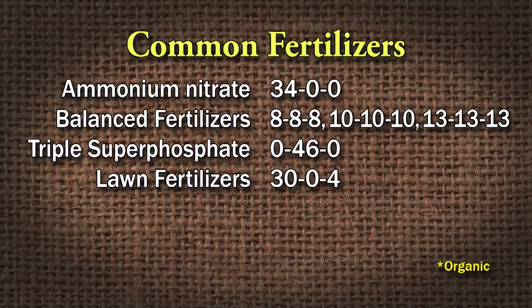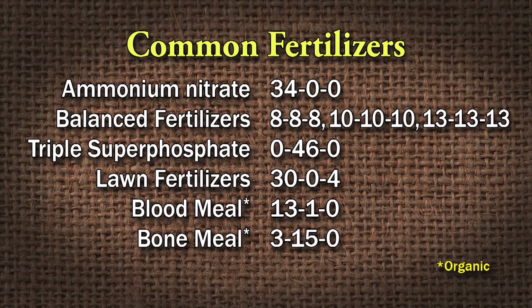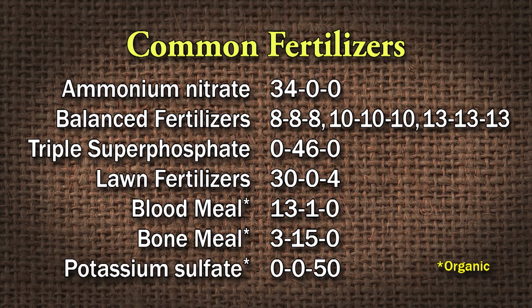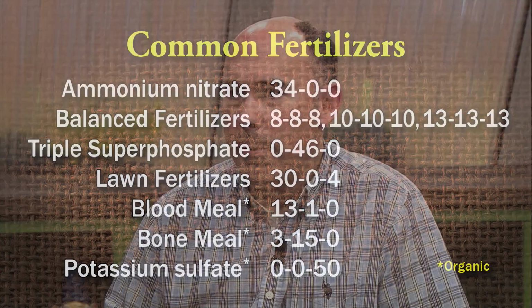But your typical lawn fertilizer is about 30-0-4-ish, and depending on which one you get, it could be different. You also have some organic fertilizers. Blood meal is 13-1-0. Bone meal is 3-15-0. And potassium sulfate is 0-0-50. That one may or may not be organic. It depends on the process it was created by. Some are organic and some are not.